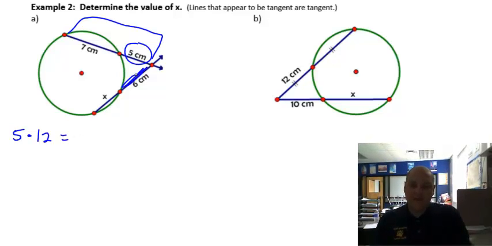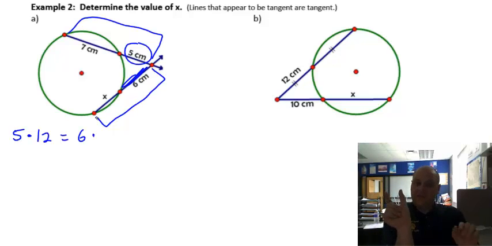Equals outside 6 times the whole thing. The whole thing is, piece it together, x plus 6. If you weren't sure, it's x plus 6. So this is 60.